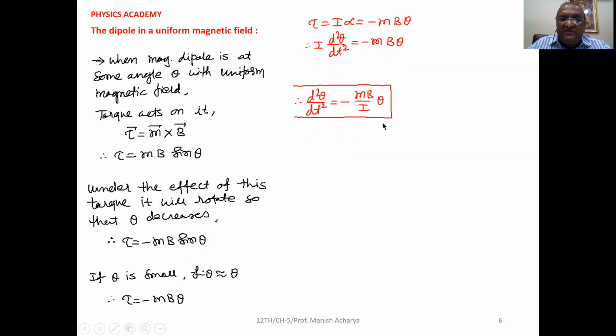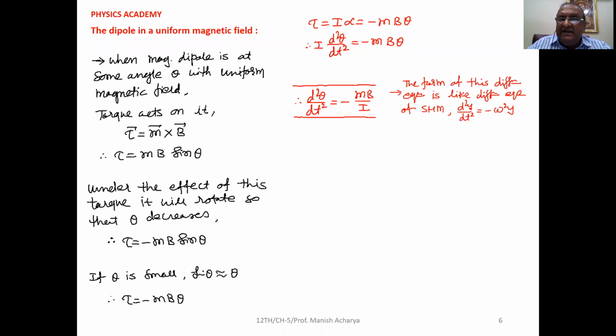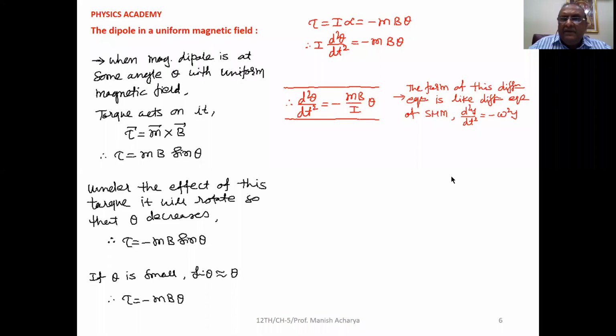Now we can say this is the differential equation for the motion of this bar magnet or magnetic dipole in uniform magnetic field. See the form of this equation, it is exactly like the differential equation of simple harmonic motion, d2y by dt2 equal to minus omega square y.